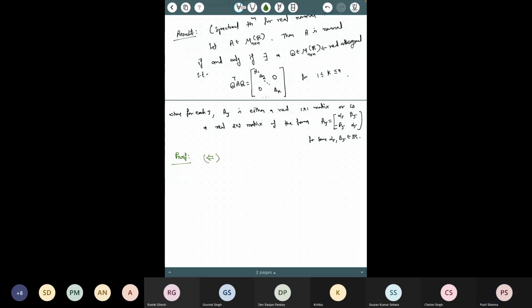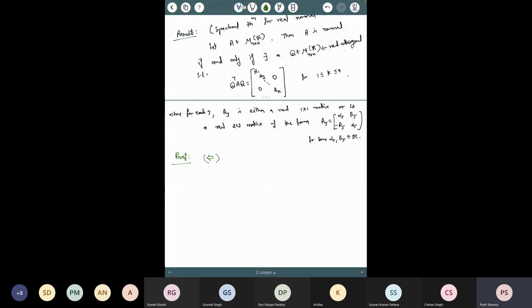That means if you assume that there exists a real orthogonal matrix Q such that Q transpose AQ is of this form, then you can easily verify that this matrix A is real normal.